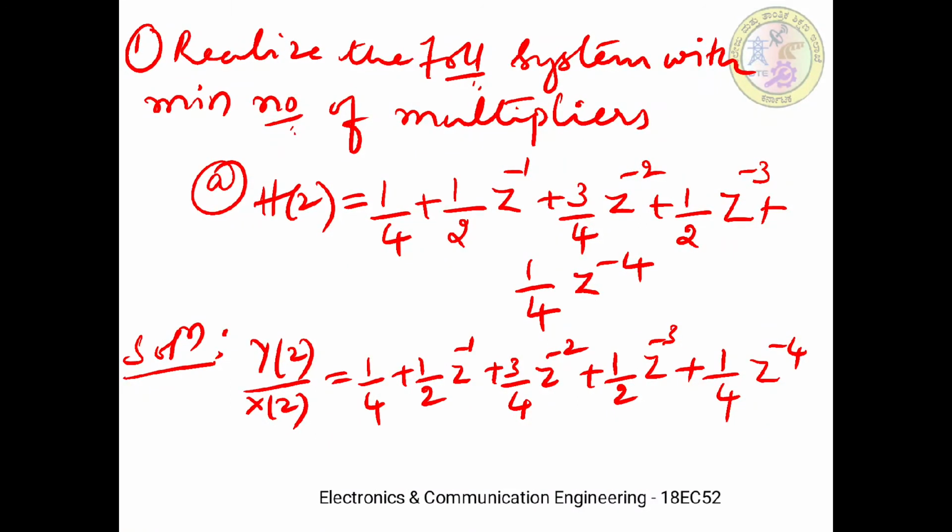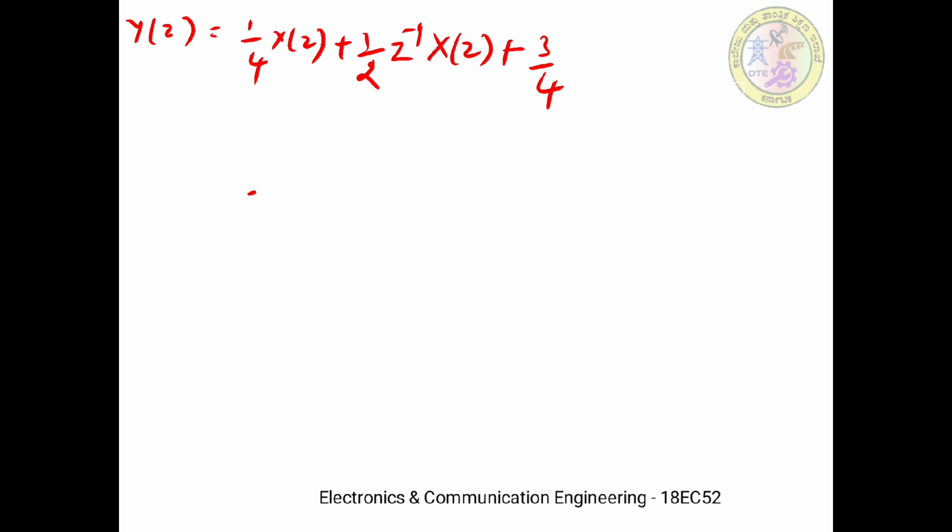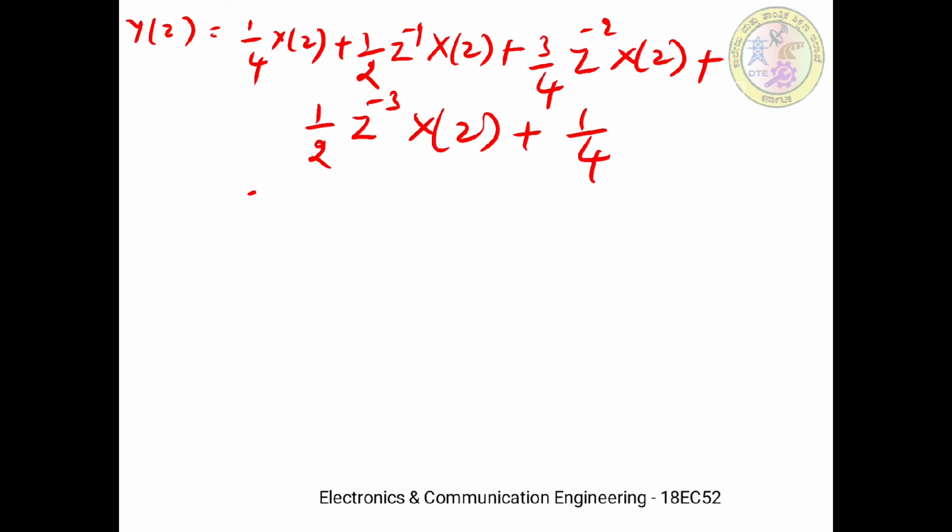Okay, so next we will cross multiply X of z with the RHS. Therefore this is going to give me Y of z is equal to 1/4 into X of z plus 1/2 into z inverse X of z plus 3/4 z to the power of minus 2 X of z plus 1/2 z to the power of minus 3 into X of z plus 1/4 z to the power of minus 4 into X of z.